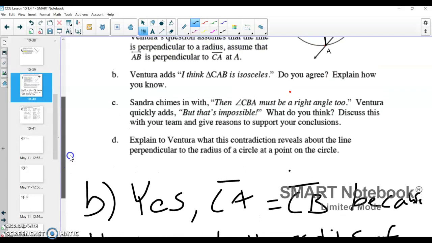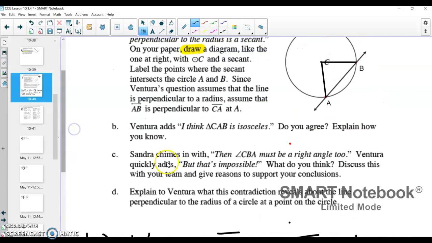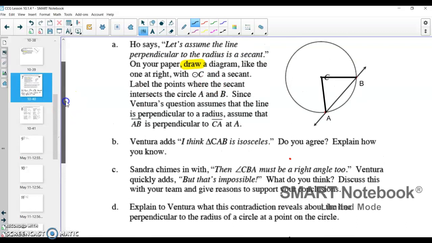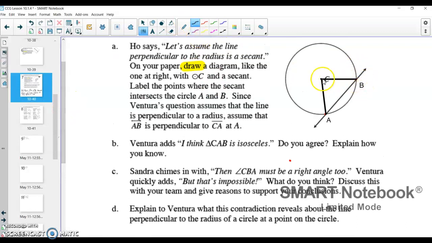For C then, we move on. Sandra chimes in with, then angle CBA must be a right angle too. Remember our assumption here: if you have a radius out to a point on a circle, that must be 90 degrees. So they're saying CAB must be 90 from our assumption.